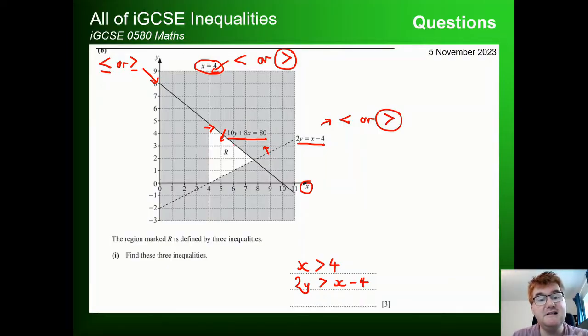The numbers are getting smaller, therefore we need to use this symbol in this equation. So we have 10y plus 8x is less than or equal to 80. And we've got our three inequalities that define the region, that triangle in the middle.